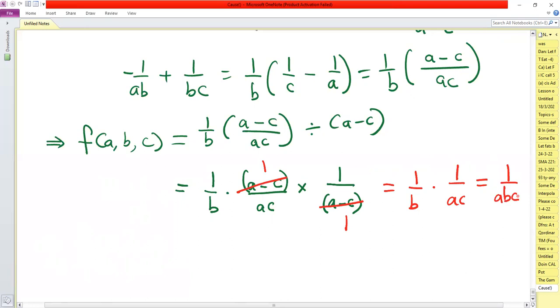So that is what defines the second divided difference of the arguments A, B, and C. In the next session, we'll demonstrate how to draw a divided difference table when we have actual numerical values. Thank you.